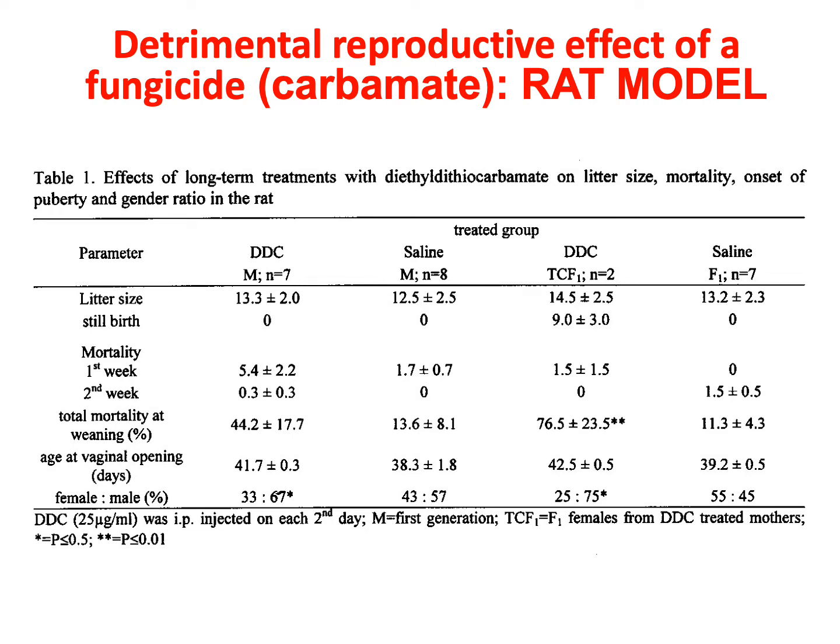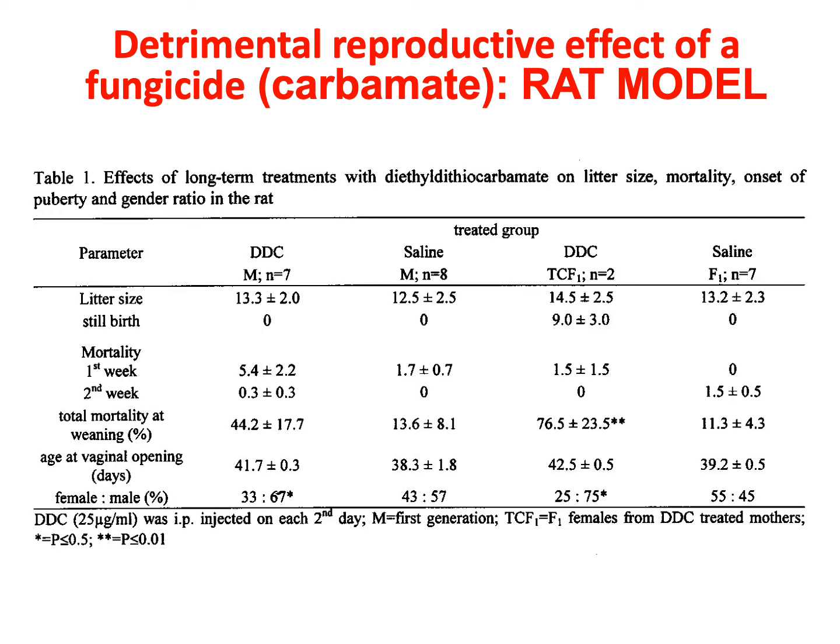They used a control saline injection. They used, in the first column M, the first generation, the maternal generation, experimentally virgin. And after that, they used females from previously treated mothers to see the transgenerational effect of the fungicide, of the chemicals.